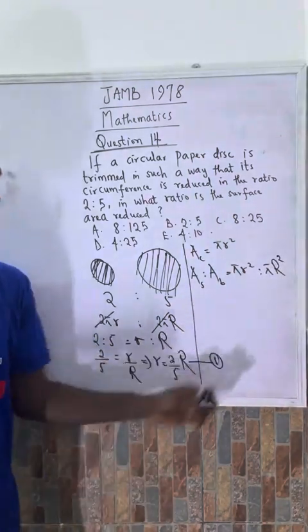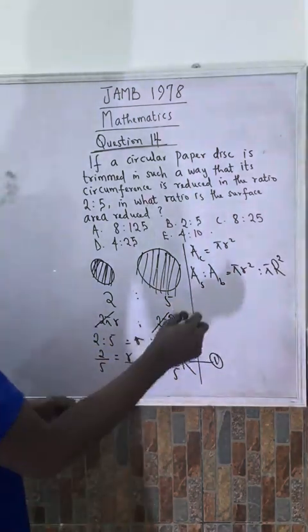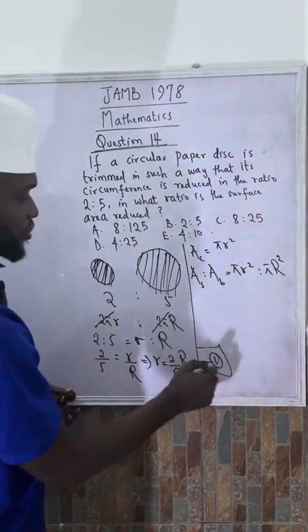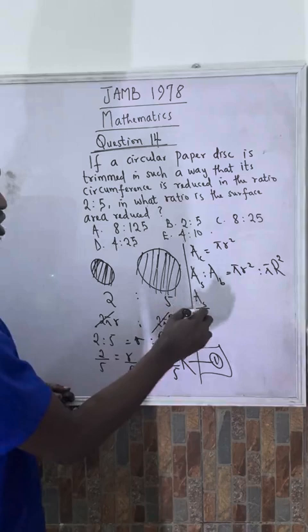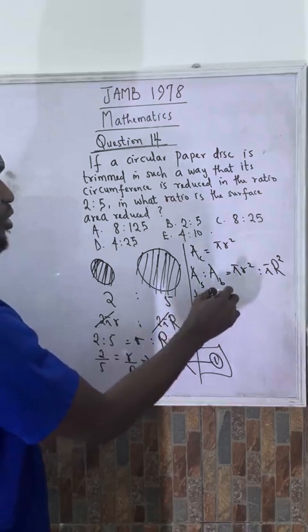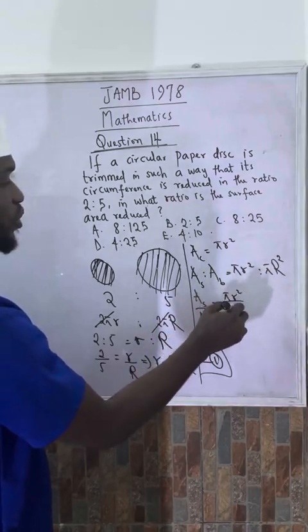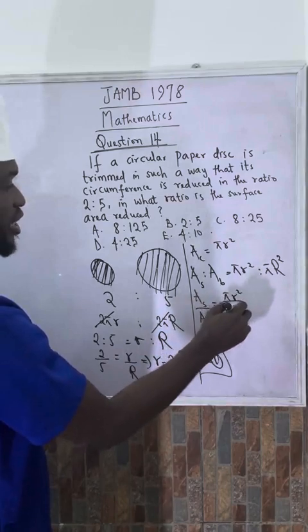So you can see how it goes. If I write this in fraction, that is area small over area big equal to πr squared all over πR squared.